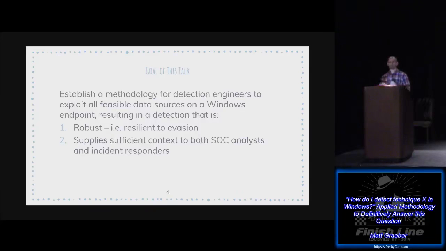In other words, resilient against attacker evasion techniques, because if you develop a brittle signature, it's going to be pretty trivial to bypass. So we'd like to mitigate that if at all possible. And to also identify data sources that supply sufficient context to both SOC analysts and incident responders.